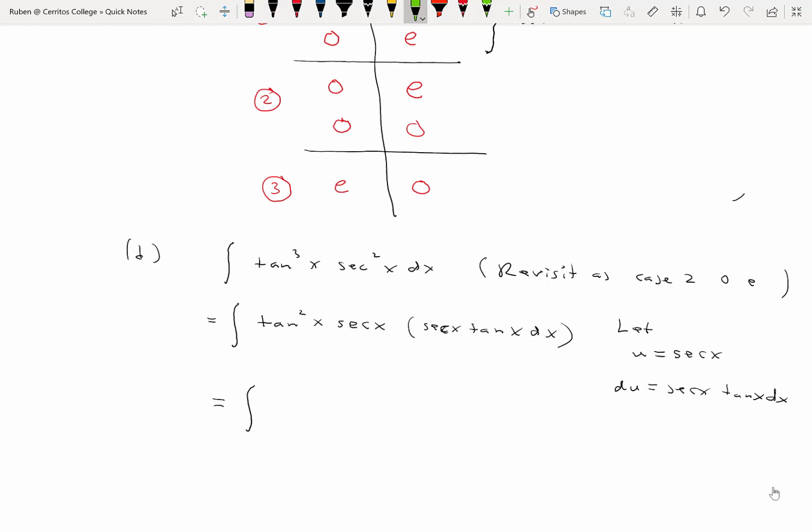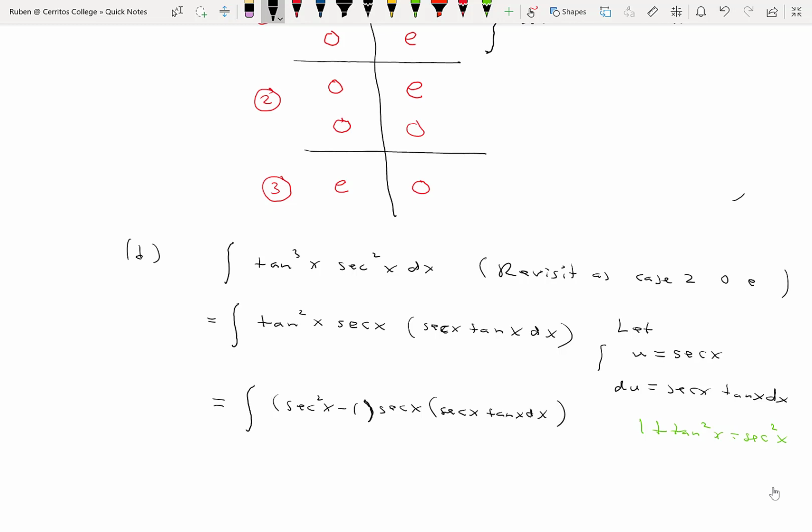Well, remember, 1 plus tangent squared x is secant squared x. So tangent squared x is secant squared x minus 1. If I take that little green identity on the right and I solve for tangent squared, I get secant squared x minus 1. Then times that kind of isolated secant, times secant x tangent x dx.